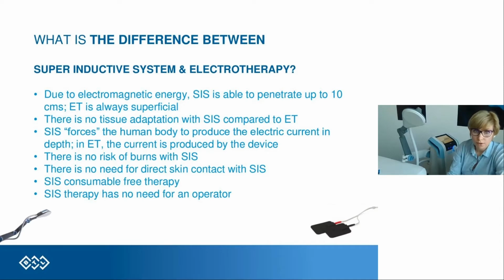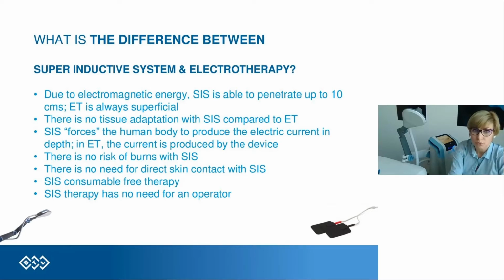What about the electrotherapy? So first of all, the main and the basic difference is that the electrotherapy generates currents from the device. And the difference here with the superinductive system is that the currents are generated in the tissue. So the electromagnetic field goes to the tissue and it creates the current in the tissue.